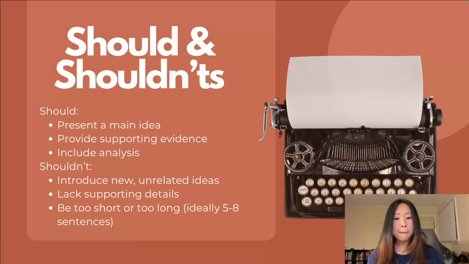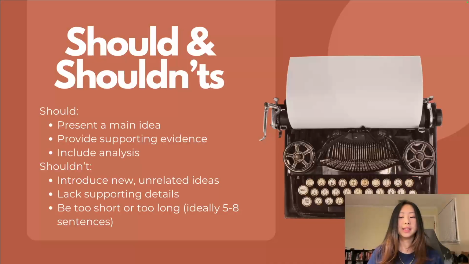Moving on to the shouldn'ts, your body paragraph shouldn't introduce new or unrelated ideas. Try to avoid abruptly shifting to a completely new topic that's not foreshadowed by the topic sentence or your thesis. The second thing is it should not lack supporting detail. A paragraph consisting of only a topic sentence or just general statements with weak evidence or without evidence at all is very unconvincing.